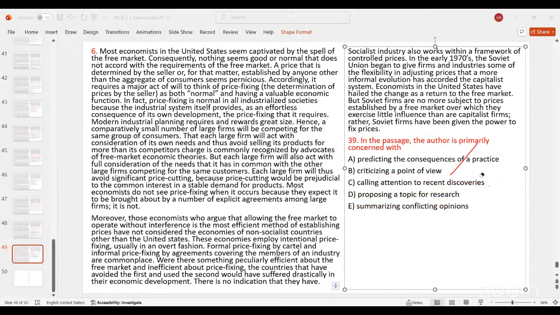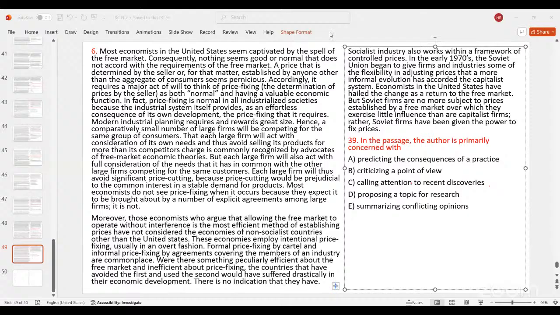Do you want me to tell what the answer is? Chaitanya, Aman, Abhishek, Aditya, Pooja, do you want me to tell the answer? All right. The answer is A.